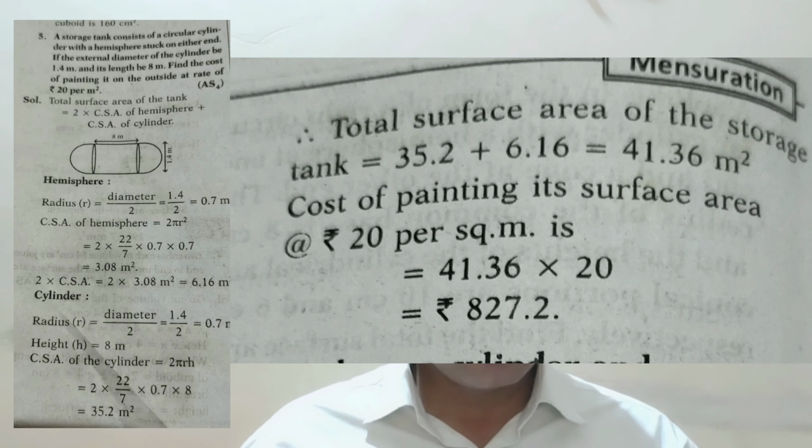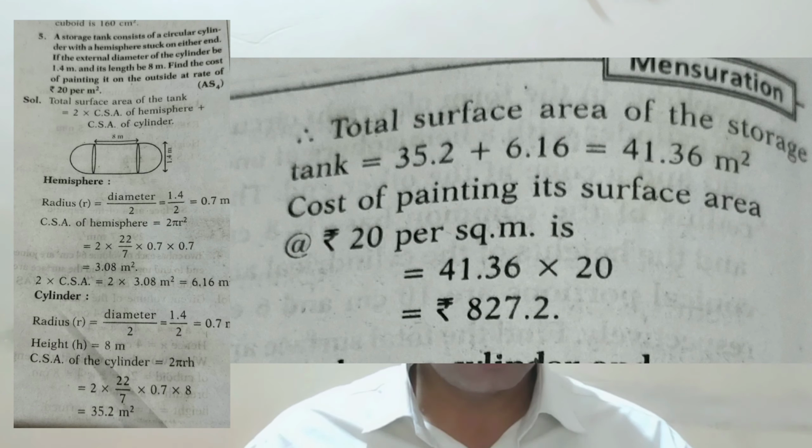A storage tank consists of a circular cylinder with a hemisphere stuck on either end. If the external diameter of the cylinder is 1.4 meter and its length is 8 meter, find the cost of painting it on the outside at the rate of 20 rupees per meter square.